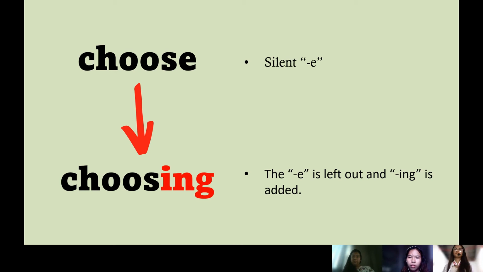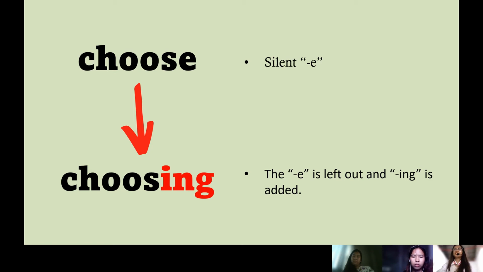We omit po the letter E and wala na po yung E, tas idadagdag na lang po yung ing form po. So we are going to eliminate the letter E. So it will be choosing for the word choosing.